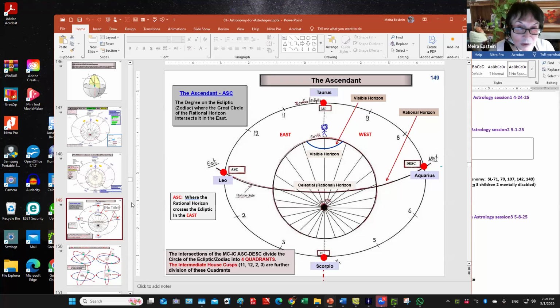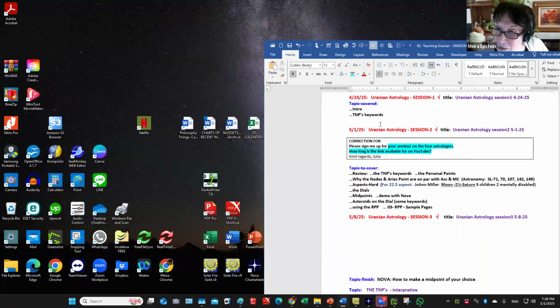I'm not going to say more because if I say more, I'll repeat myself. But all I wanted to do is show you why I can say that the four cardinal points, especially the Aries and the Libra, are just as sensitive as the midheaven and the ascendant and the lunar node as well. I rest my case.